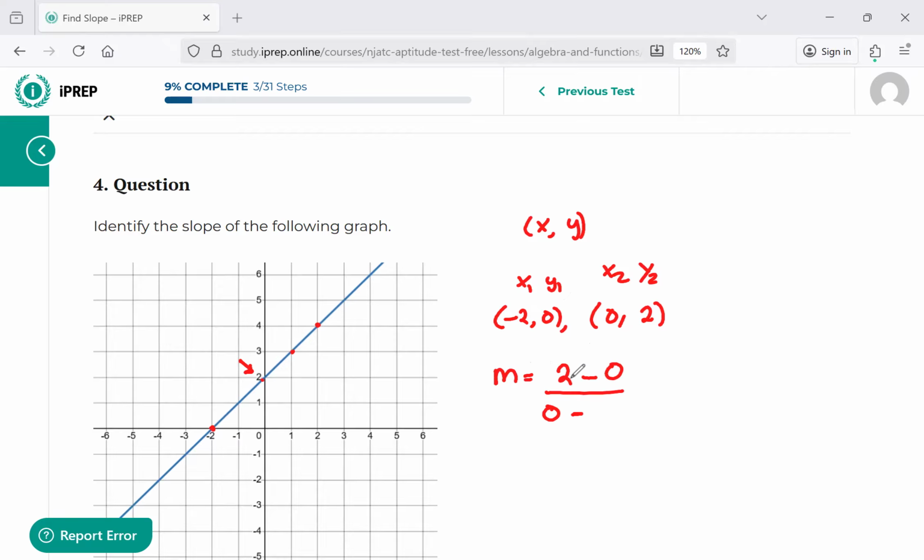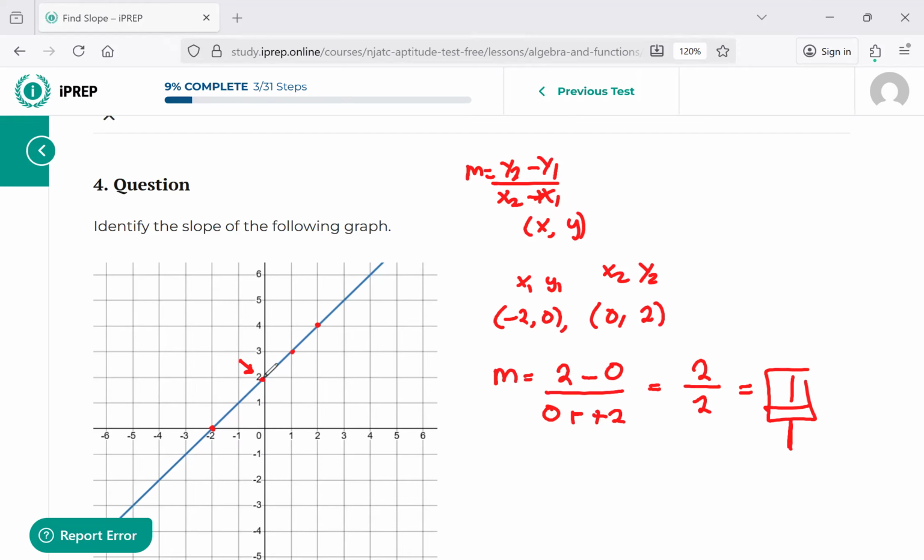If you recall, slope is y2 minus y1 over x2 minus x1. So my x2 is 0 minus negative 2. On the top, 2 minus 0 is 2. On the bottom, 2 negatives become a positive, so that's 2. 2 divided by 2 is 1. Okay, that makes sense.